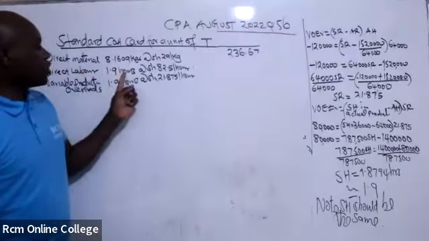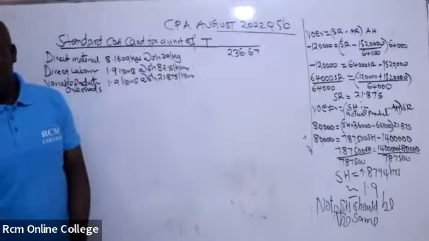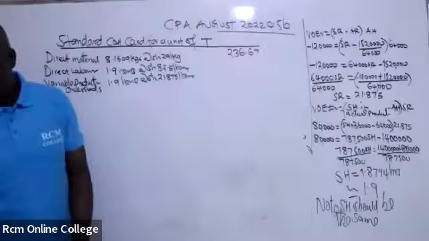When you take 1.9 times 82.5, what are you getting? 156.7.